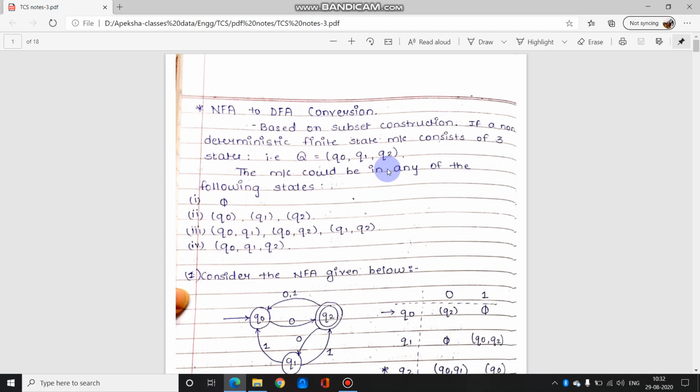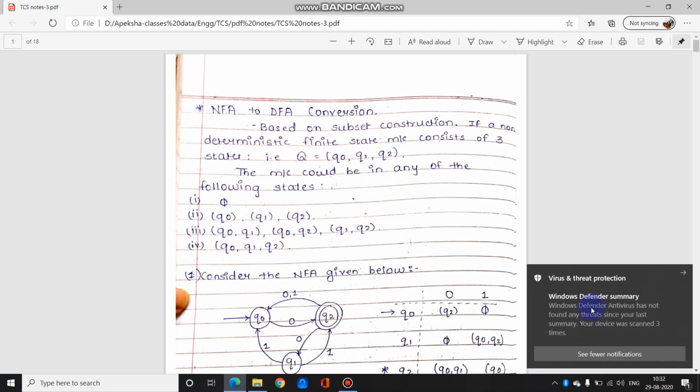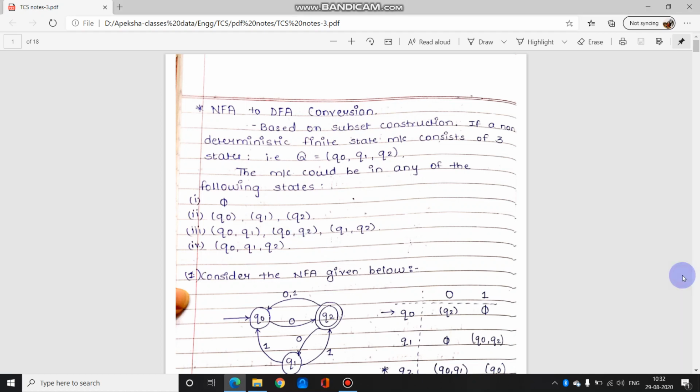So as I mentioned कि ये NFA to DFA conversion जब भी होता है, we consider only subsets, यानी हम यहाँ पे नए नए subsets निकालेंगे. This subset is nothing but the different states we assume the machine could be in.